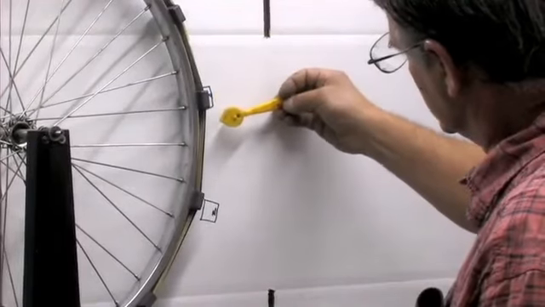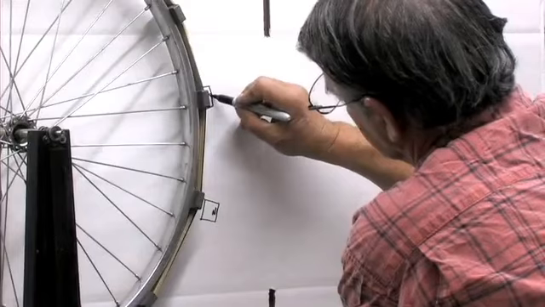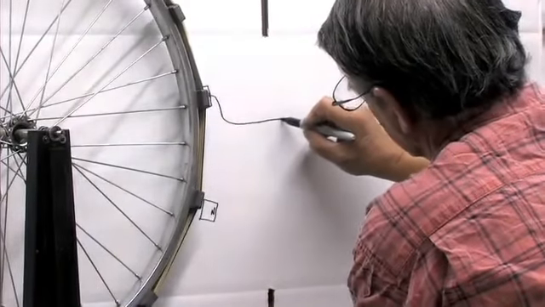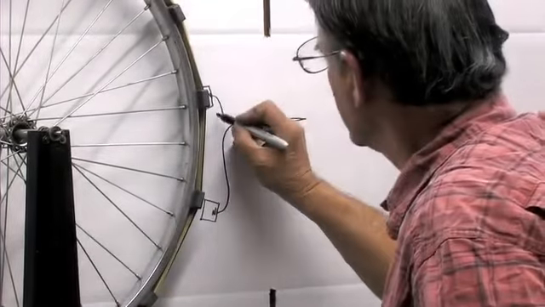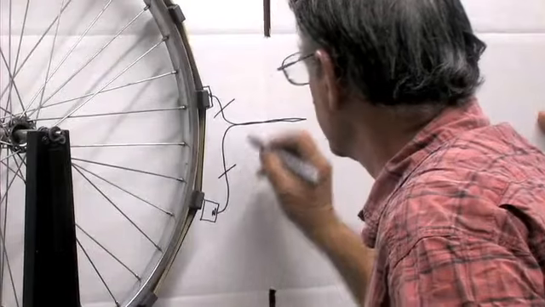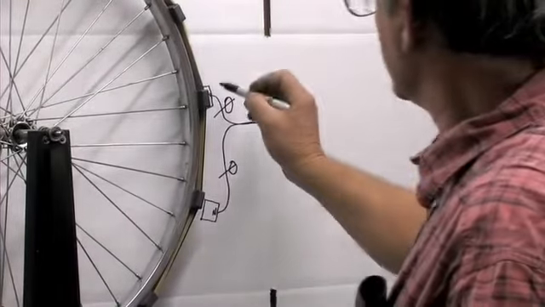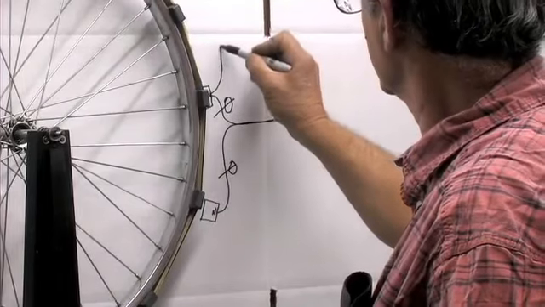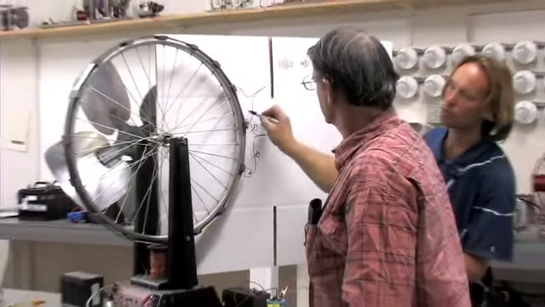So we have a south that does this. And then what we have is a 0 here and a 0 here. So we have this all the way around the wheel, like this.